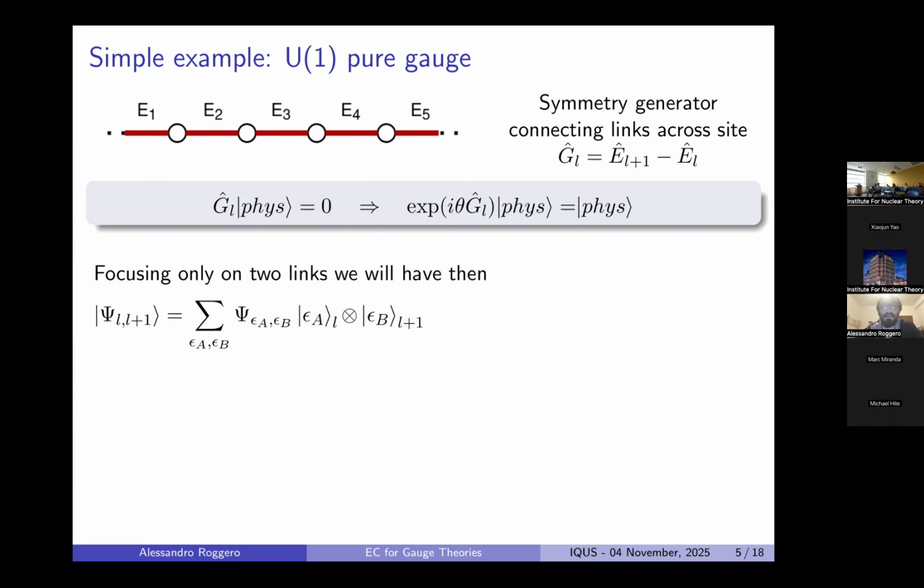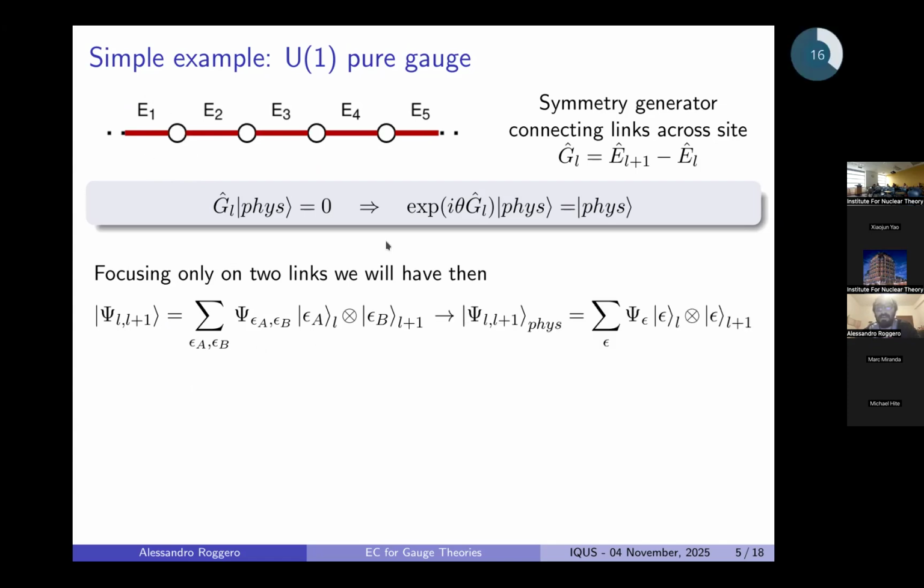So in order to make this more similar to the repetition code we saw before, let me look directly at the physical states across one site. What I'm writing down here is a generic wave function on 2 links across one site, written in the basis of eigenstates on one link and eigenstates on the second link. You can sort of think of it as a Schmidt decomposition on the site.